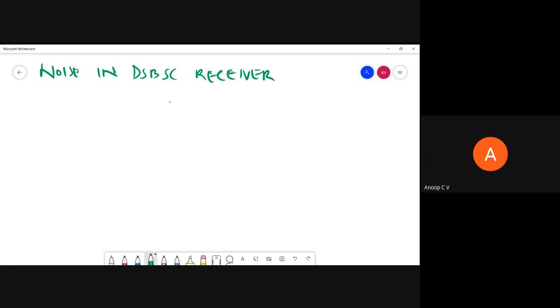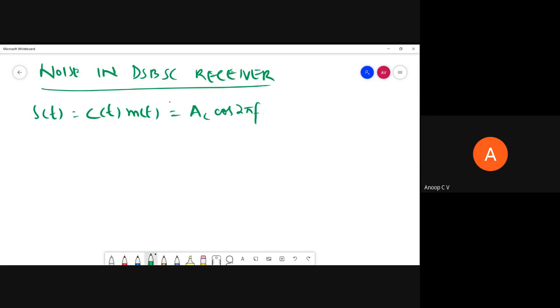Before we move ahead, if the DSBSC signal is called s of t, it is nothing but c of t into m of t, where c of t is the carrier and m of t is the message. If we assume c of t equal to Ac cos 2 pi fc t, then it is Ac cos 2 pi fc t times m of t. So this is our s of t.